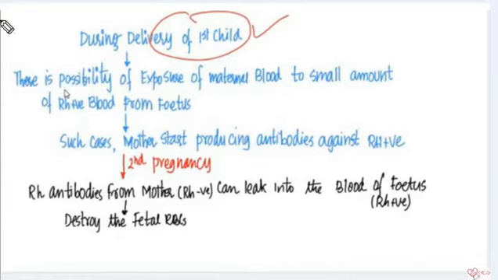During the first delivery of the child, there is a possibility of exposure of maternal blood to a small amount of Rh positive blood from the fetus. Mother's blood can mix with Rh positive blood, that is the blood from the fetus.